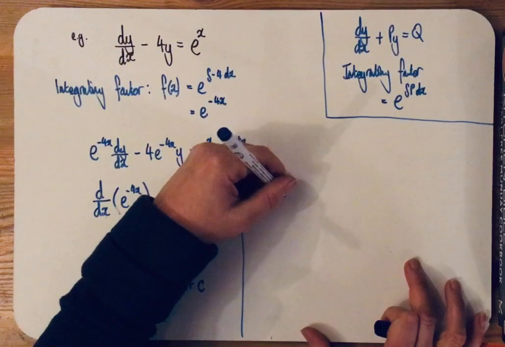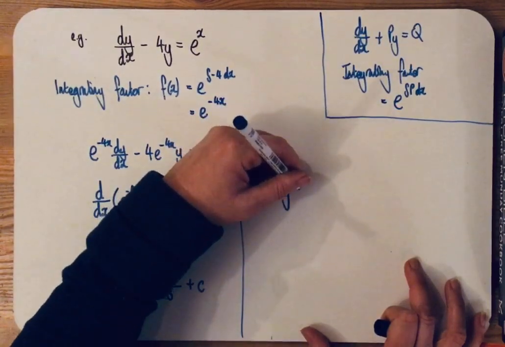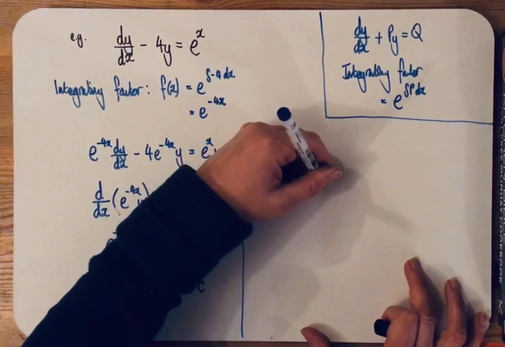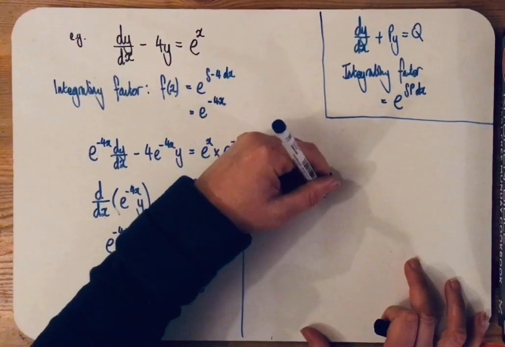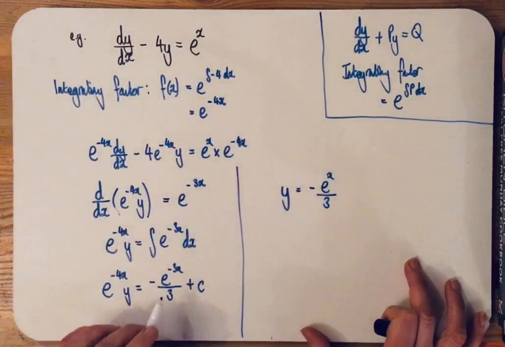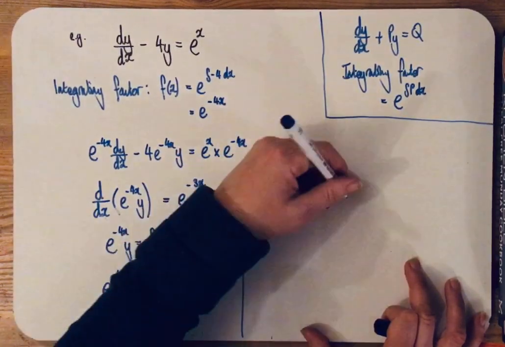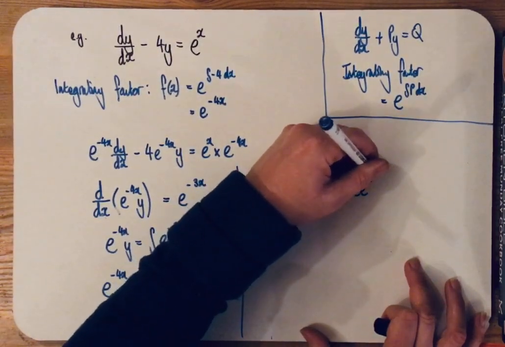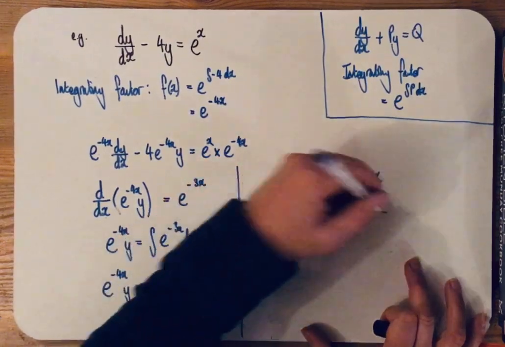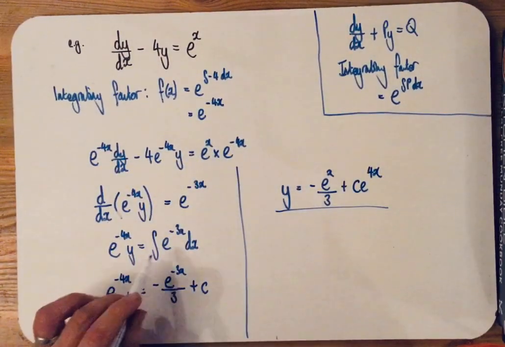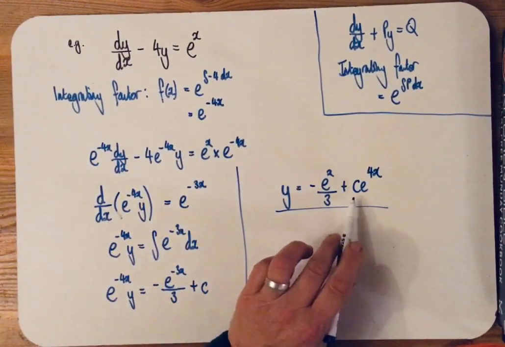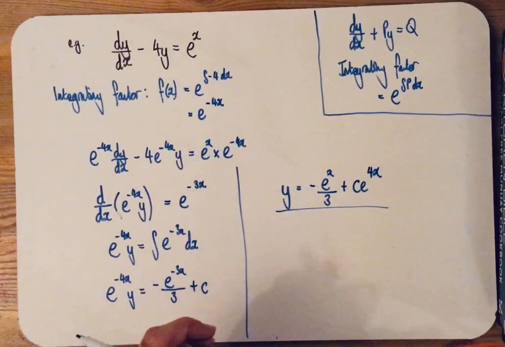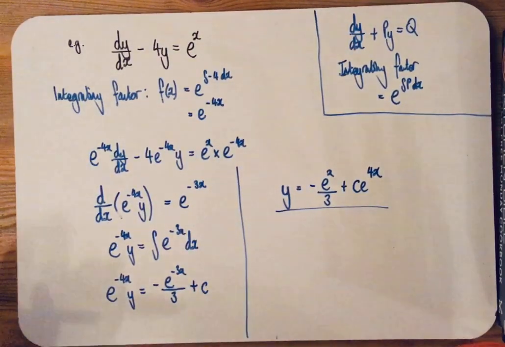And then that makes y equals minus e to the x over 3, plus c e to the power of 4x. But don't forget to put your constant in as soon as you've integrated, because it needs to sit there in that final equation. So that's that one.